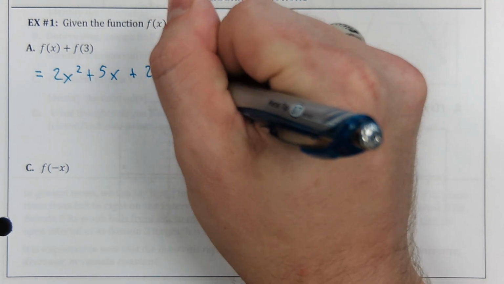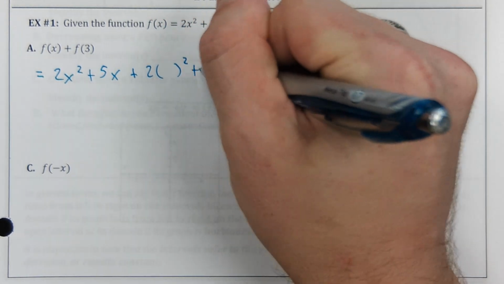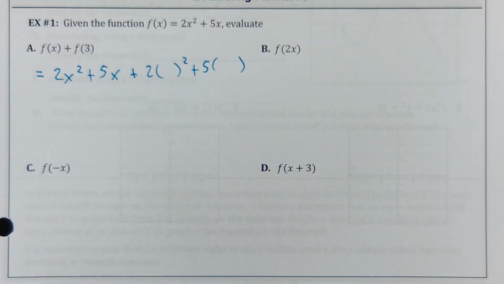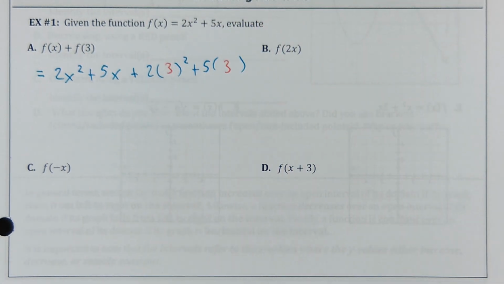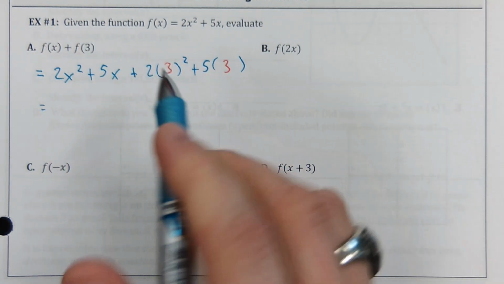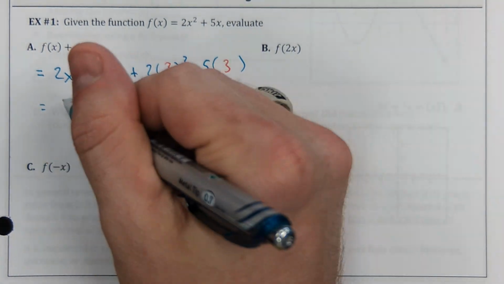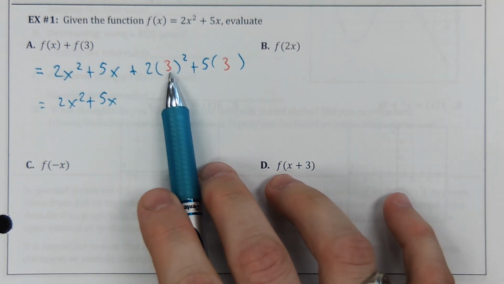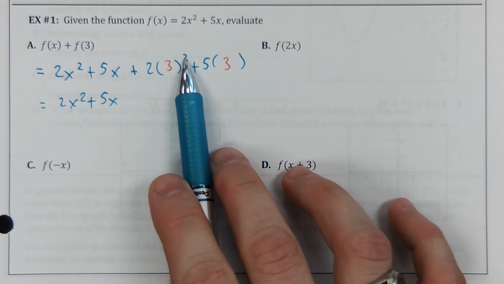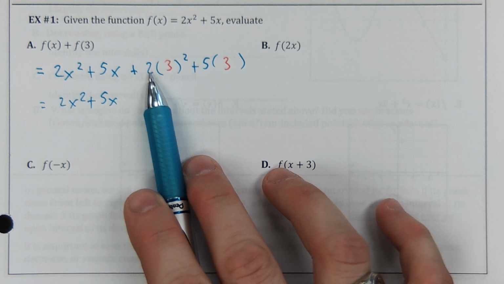So we've got 2, there's going to be a 3 there, plus 5, there's going to be a 3 there. Of course, these aren't going to be like terms. These won't have any x's. So we have 2x squared plus 5x. And following the order of operations, square first. So 9 times 2, 18.